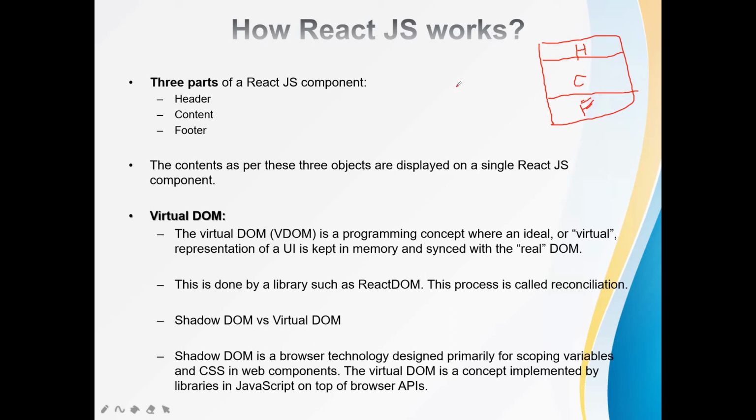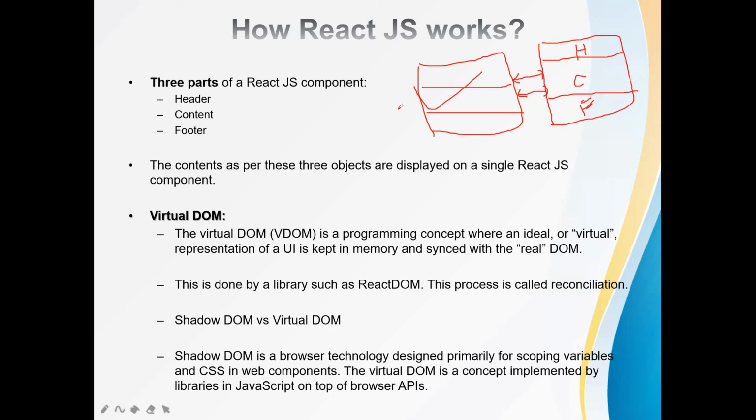The same thing is placed in memory. There is an object placed in memory corresponding to this actual header, content, and footer, which is in sync with the actual representation, which means that whatever you are displaying as of now has been maintained inside a local copy of the React.js framework, or the React.js engine.